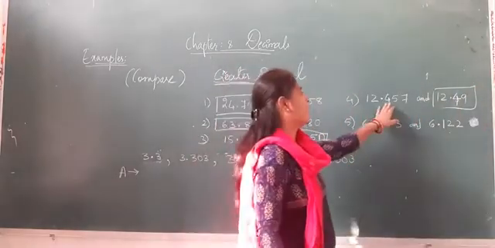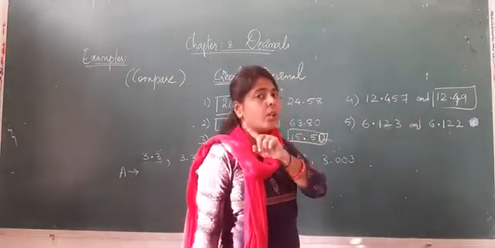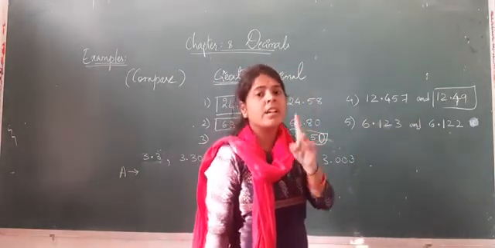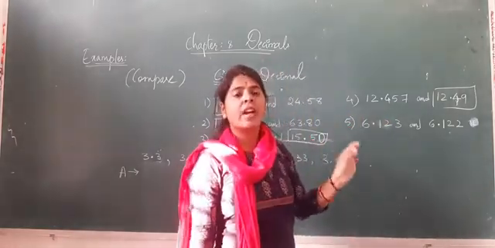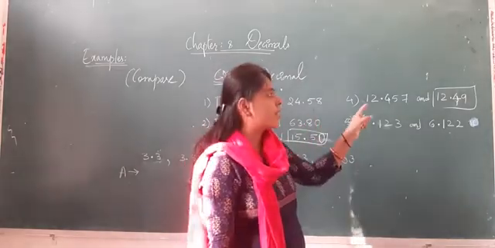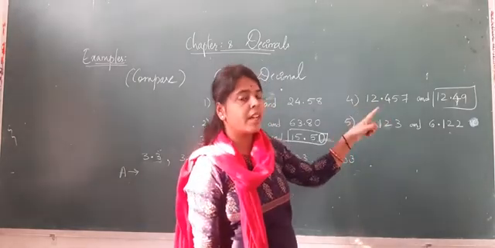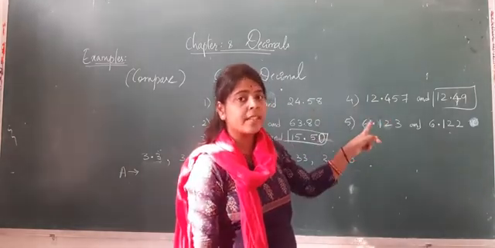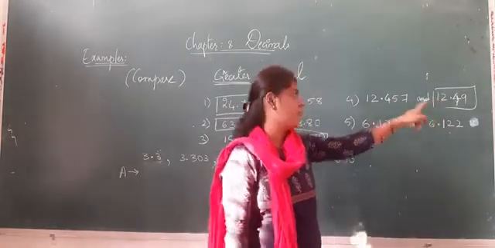Don't go by the digits. Here we have 3 digits, so don't think 457 is greater just because of the reading. After the decimal it is read as 457, but the single values are taken. After the decimal, 4 and 9 are given. 4 is equal, but 5 and 9, if you compare the places, you see 9 is greater. So that is greater.